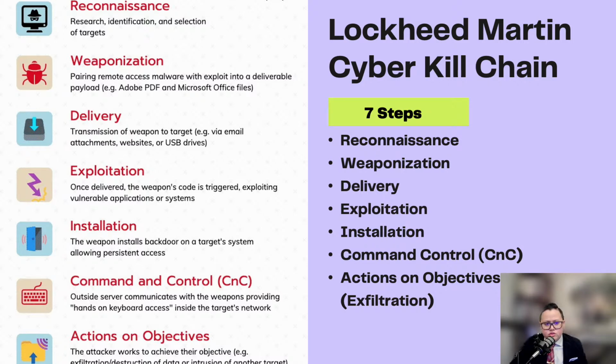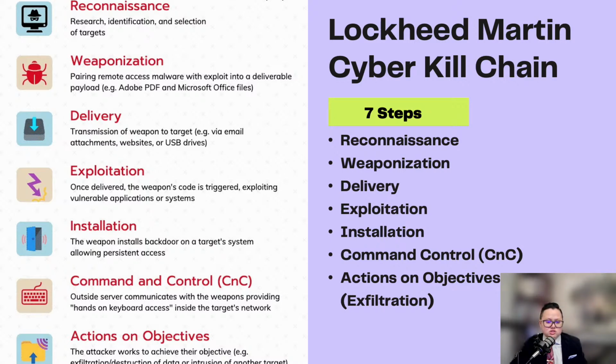So we see the first step is reconnaissance, and that is doing your research and identification, selection of targets. The next step, the second step, is weaponization. That can be pairing remote access malware with an exploit into a deliverable payload, for example. The next step, the third step, is delivery.